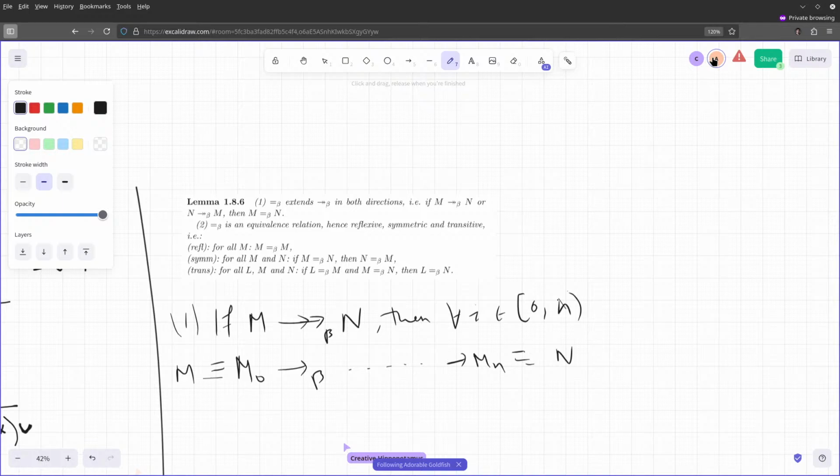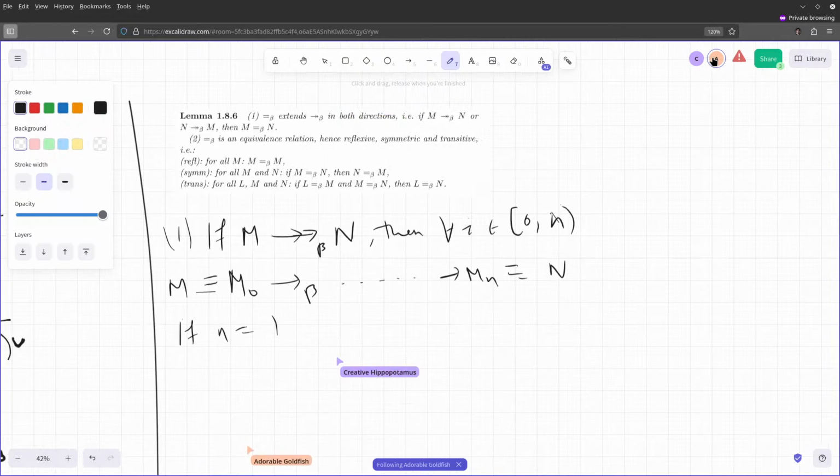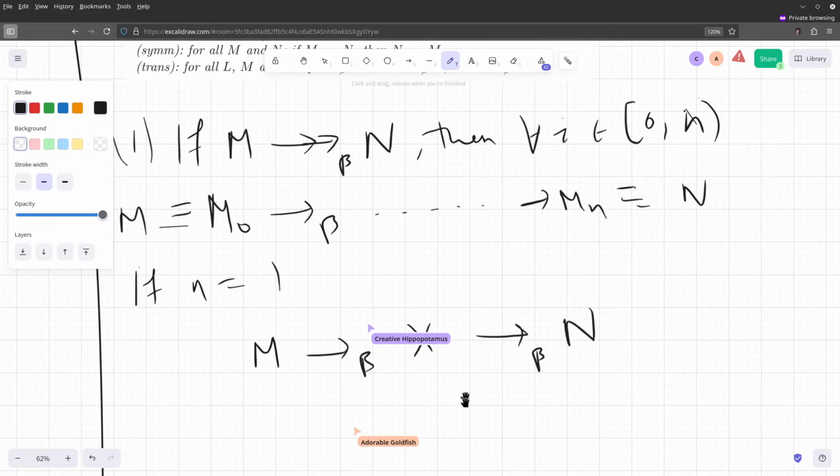Now what this means is that if we consider n equals 1, then there's just one thing between them. So m gets beta reduced to some x, and then it gets beta reduced to n. Or they're equivalent, beta equivalent. So that's the extension. It's just the definition.